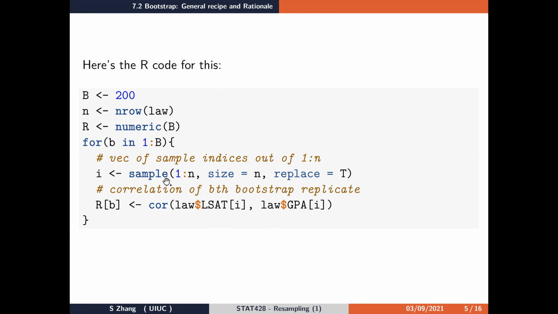So we sample from 1 to n, drawing with replacement a sample of size n. Then the correlation RXYb of the bth bootstrap replicate is given by the correlation between the LSAT variable of these particular rows that we have sampled and the GPA variable for these particular indices.